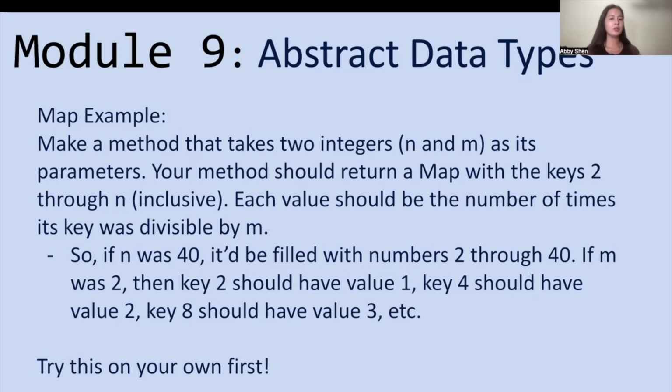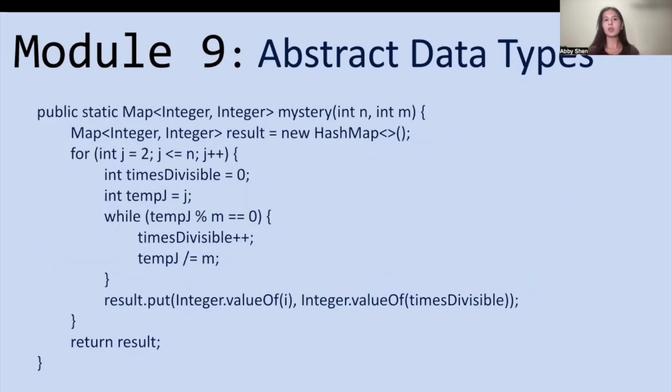If m was 2, then key 2 should have value 1, key 4 should have value 2, key 8 should have value 3, etc. So pause this, try it on your own, see if you can figure out how you would implement this, and then we'll come back.